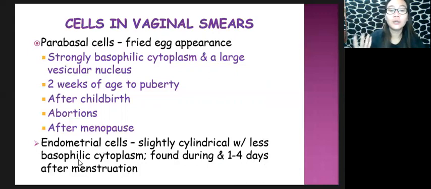And so of course it is understandable that your endometrial cells will also be seen during menstruation, and then 1 to 4 days after menstruation, because again, what happens when you menstruate? Your endometrium is being shed. So that's why your endometrial cells are seen also during this time.